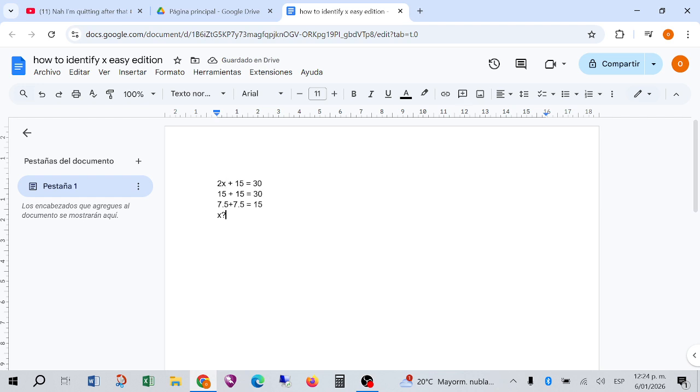Now we can confidently say that x equals 7.5. Because if that number plus 2 times gives us 15, and that 15 plus 15 equals 30. With that logic, x equals 7.5.